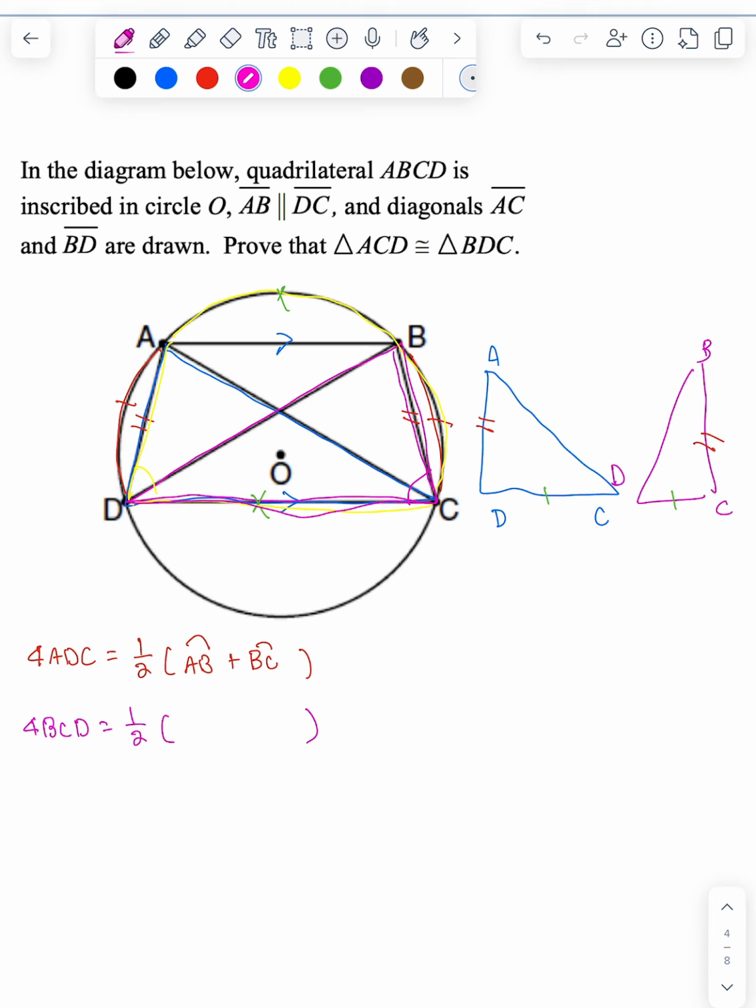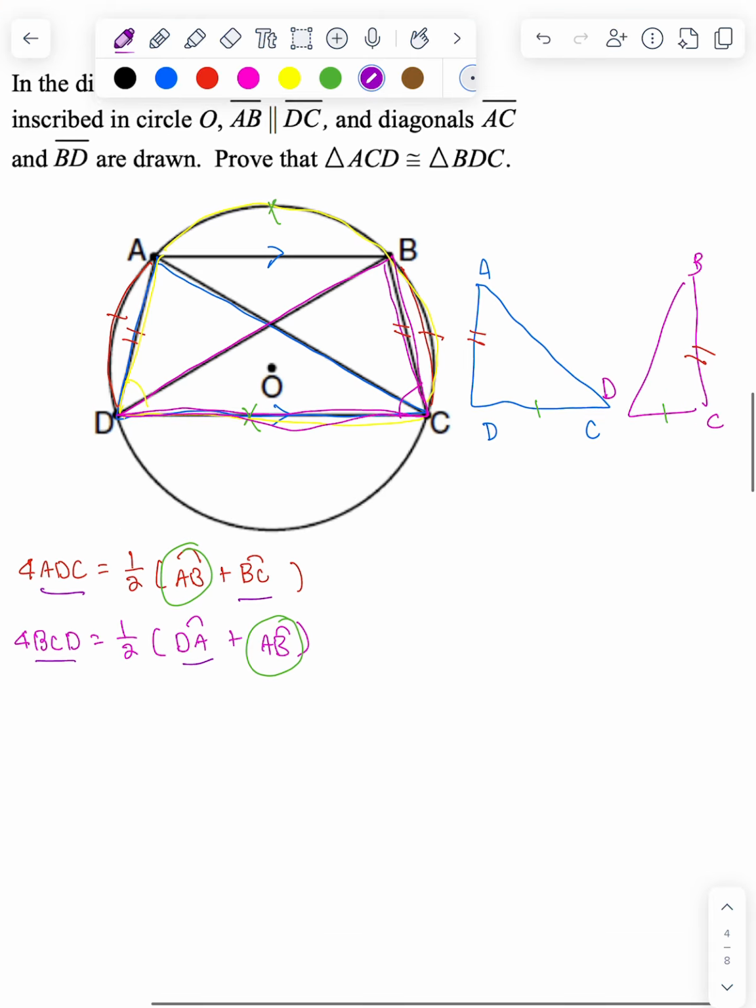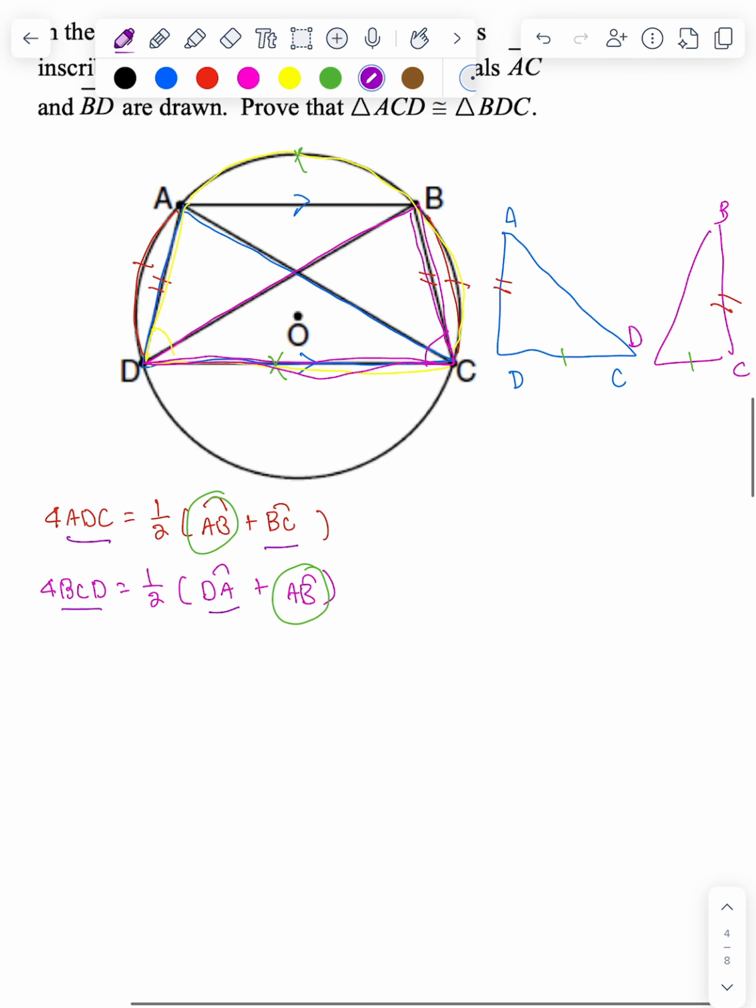And its intercepted arc is arc DAB, which is arc DA plus AB. But this is the same. And these were congruent arcs, so this is the same. So the measurements of the angles are the same as well. So let's write this down into a statement reason chart, and that gives us side angle side.